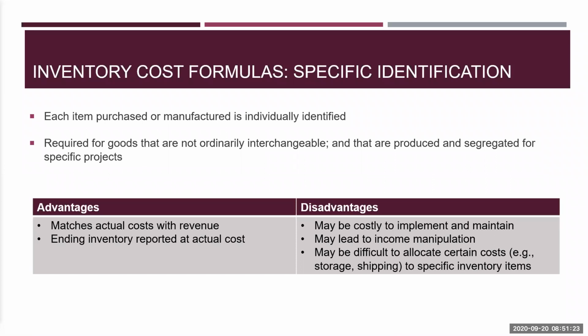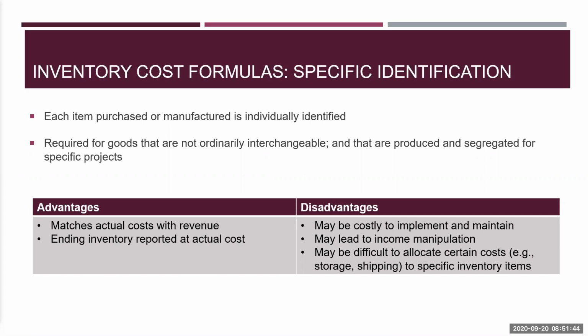Now, each item purchased or manufactured is individually identified, as we said. Here, we are looking at different inventory items. So the specific identification method is very, very specific. It is time consuming. It is going to cost you more money.